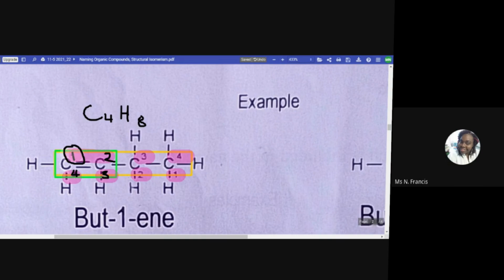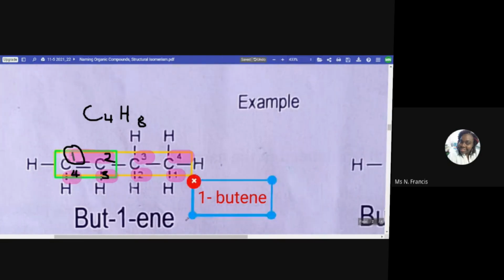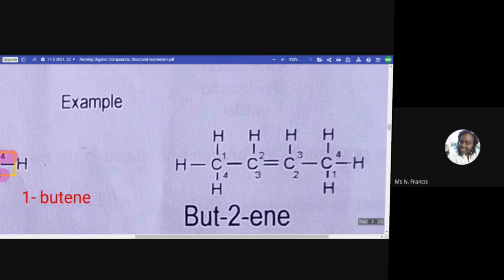So the name of my structure now is but1ene. An alternative to this, ladies, is actually just calling it 1-butene. And a lot of students prefer doing it this way. So instead of writing but1ene, I can write 1-butene. Still looking at butene, 4 carbon atoms in the chain.